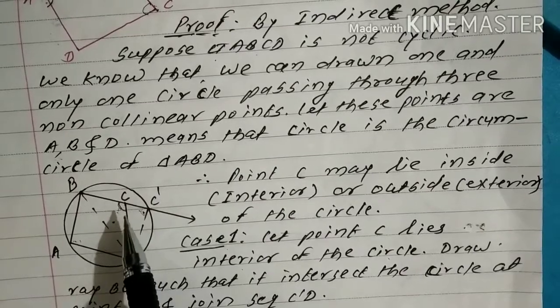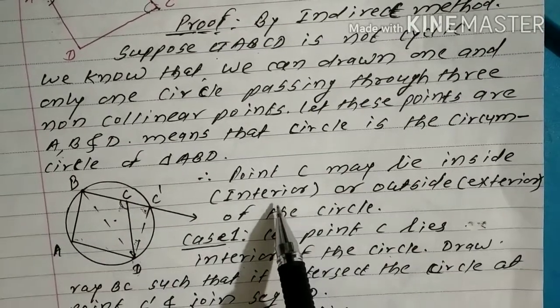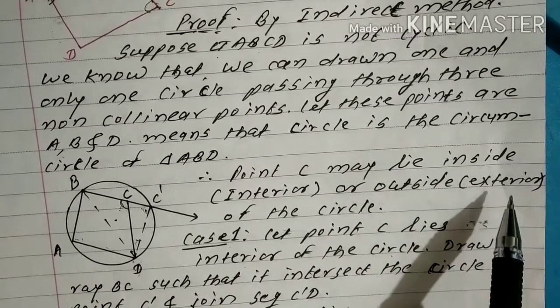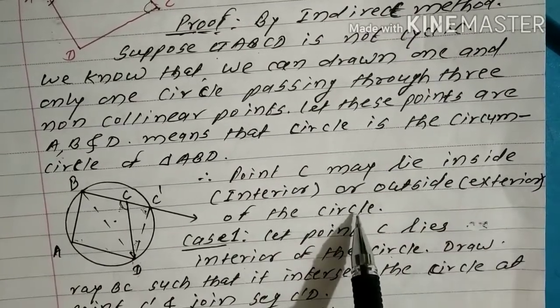Here, point C may lie inside, that is interior, or outside, meaning exterior, of the circle.